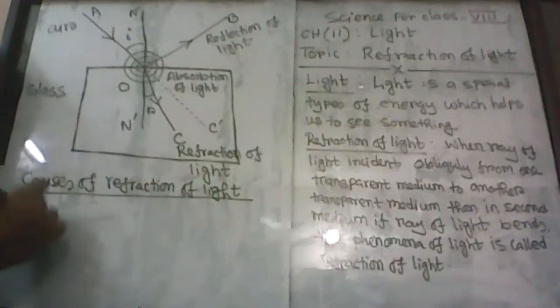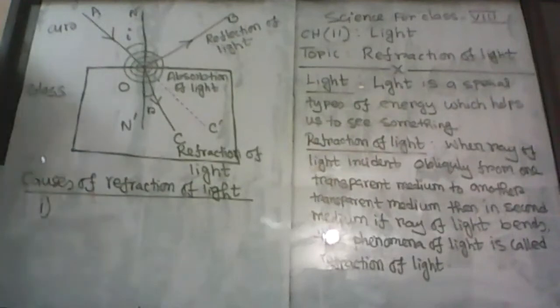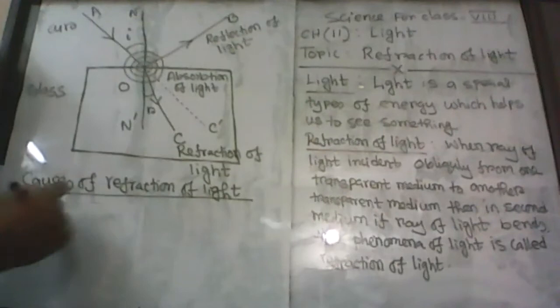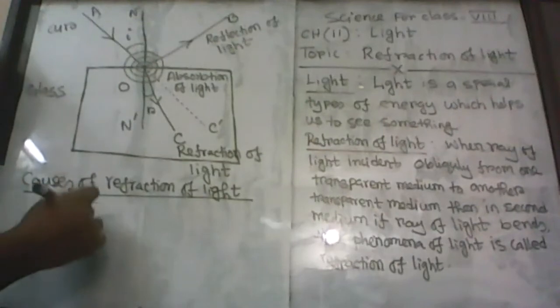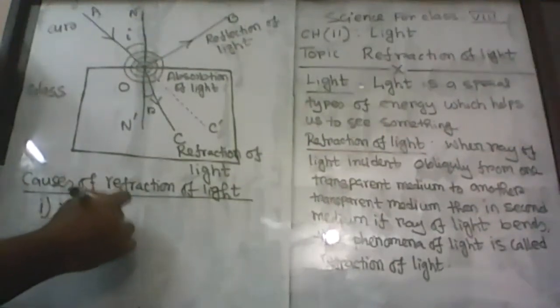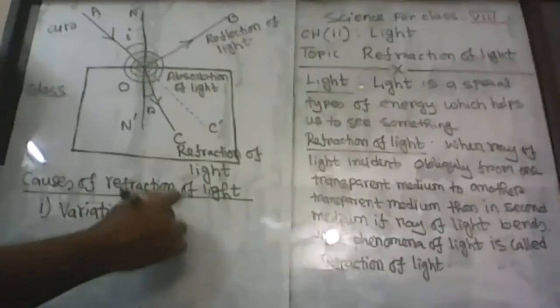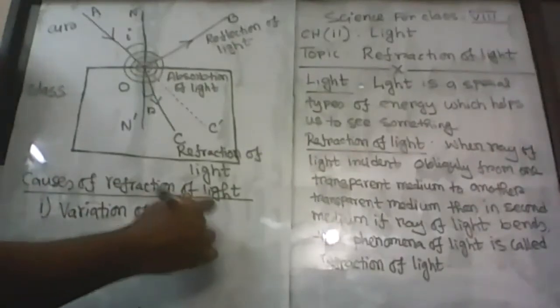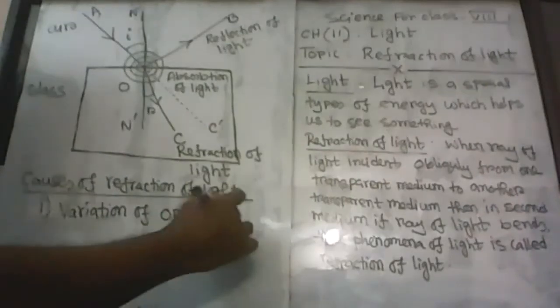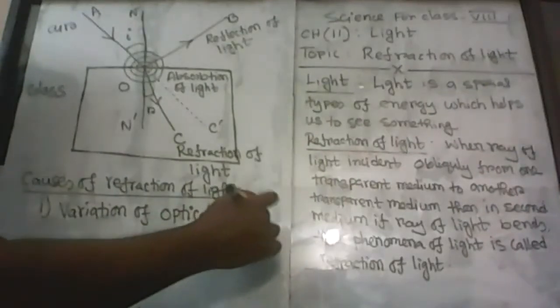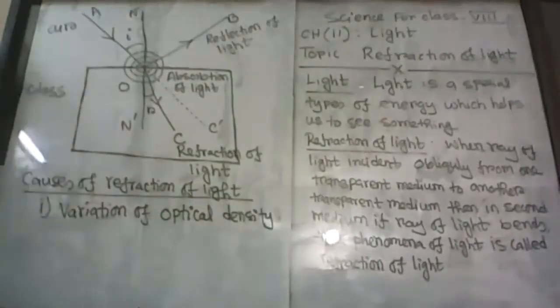Number one cause is the variation of optical density. So the first cause here is the variation of optical density.